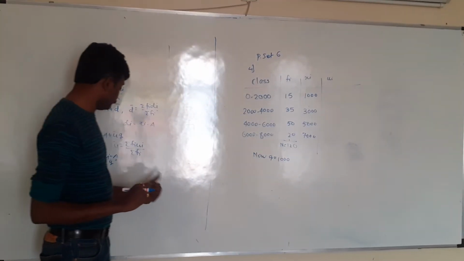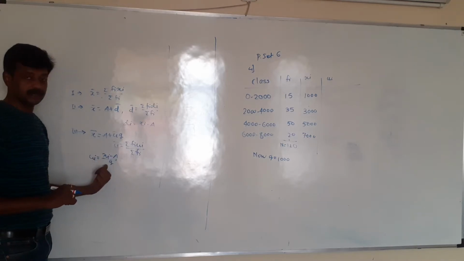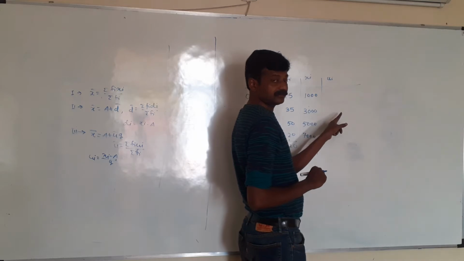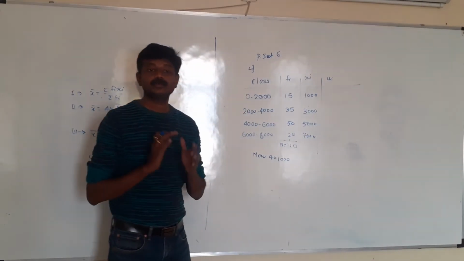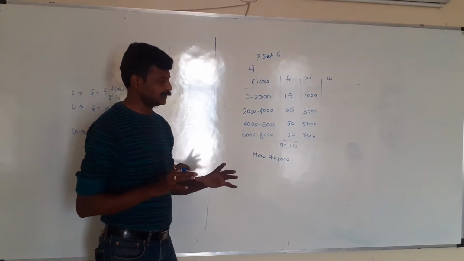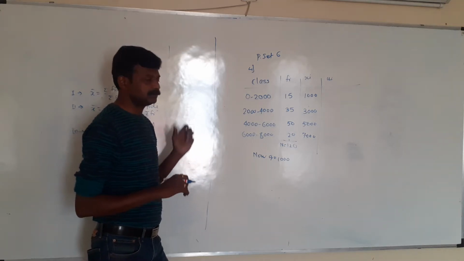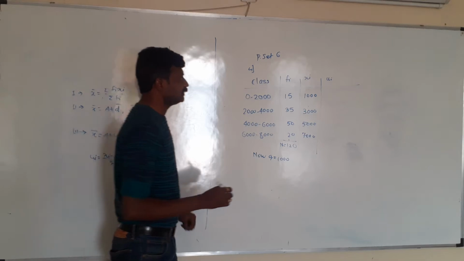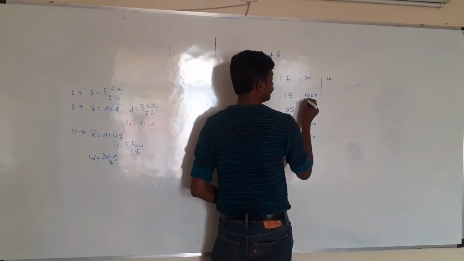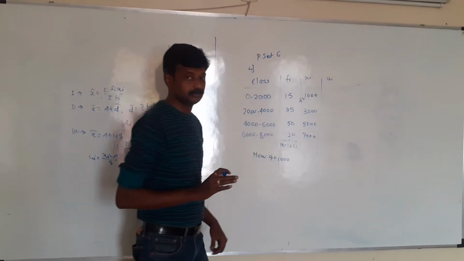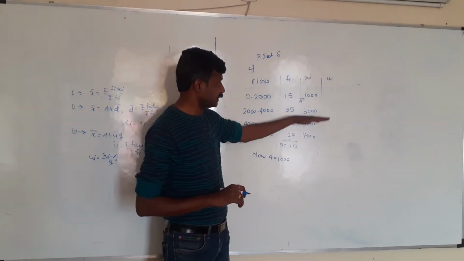How to find out ui? Xi minus a upon g. So for the first class, before we start with this, we need to consider which is a, the assumed mean, as we discussed already in the previous method and when we solve the sums in the practice set. We will consider the first xi as a. I explained in the textbook it is to consider any middle one.